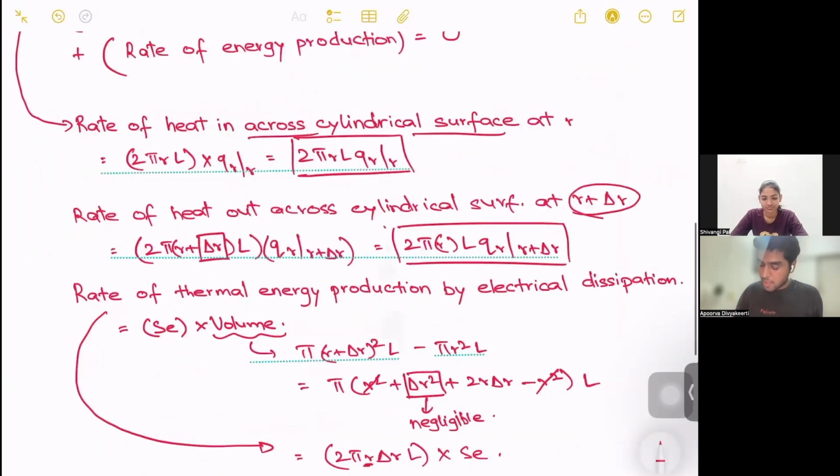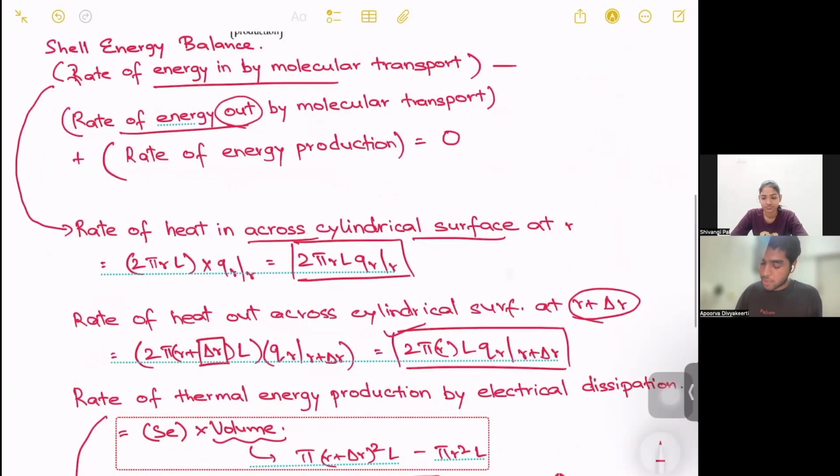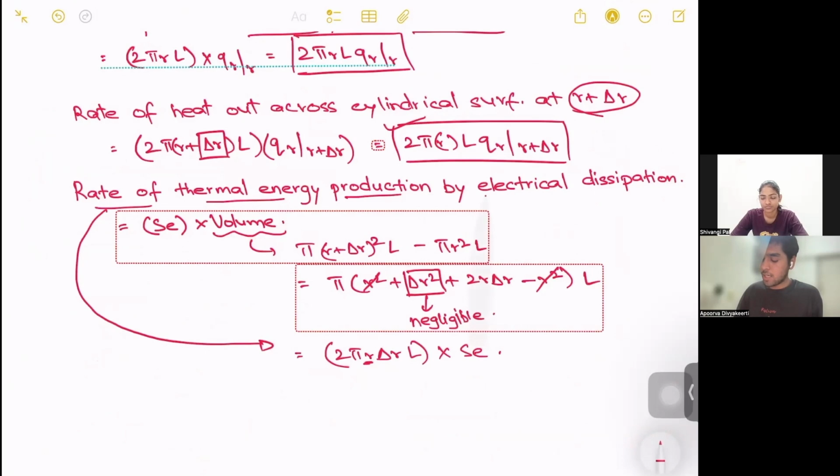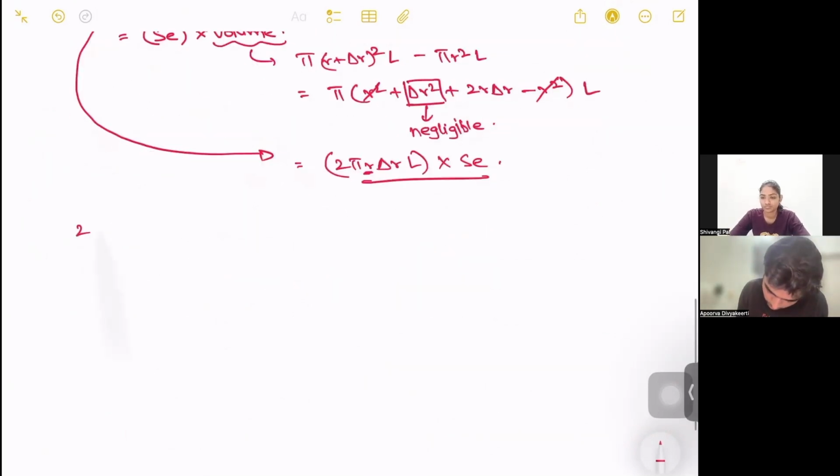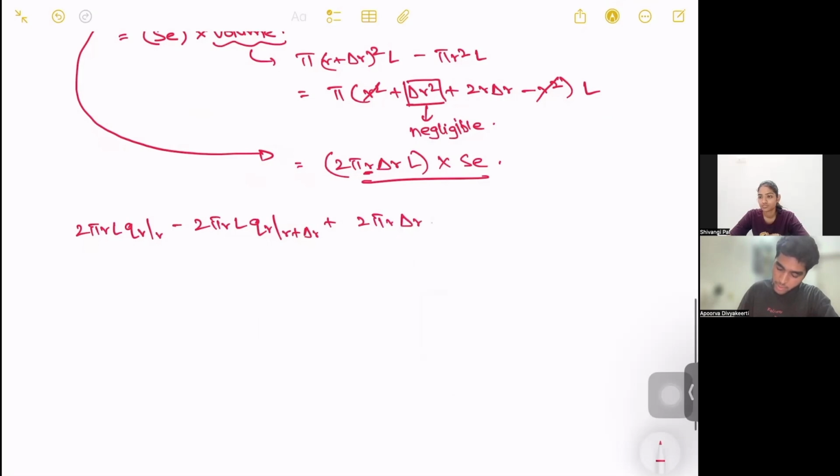And the third term, rate of energy production, we have got by the rate of thermal energy production by electrical dissipation, equal to 2 pi r delta r L S_e. Now we have all the terms: 2 pi r L q_r at r minus 2 pi r L q_r at r plus delta r plus 2 pi r delta r L S_e, all equal to zero.